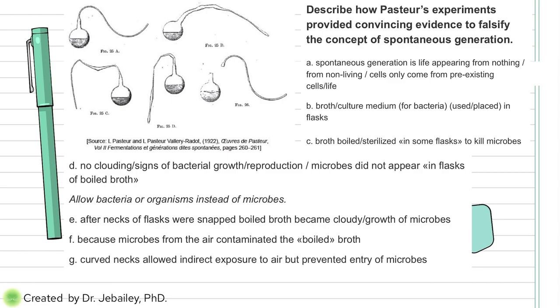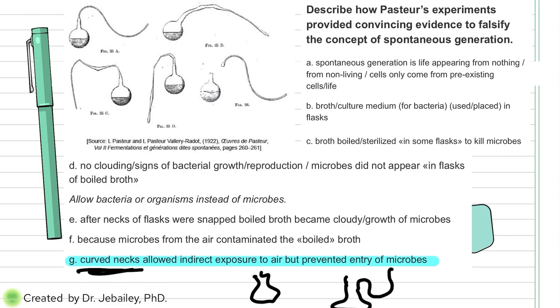Now, this last one says curved necks allowed indirect exposure to air but prevented the entry of microbes. A lot of students don't understand what this is, but it's because teachers usually draw this. Oops, let me do it again. Usually what they do is they draw a flask that looks like this. But when we say curved necks, we're talking about a flask that looks like this, and then it has a curve like that.